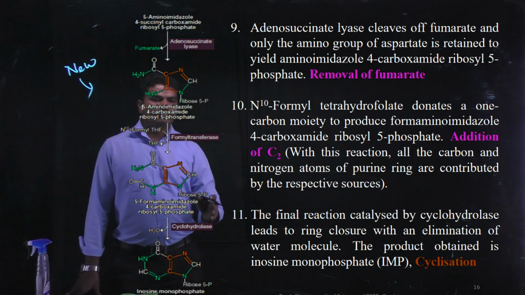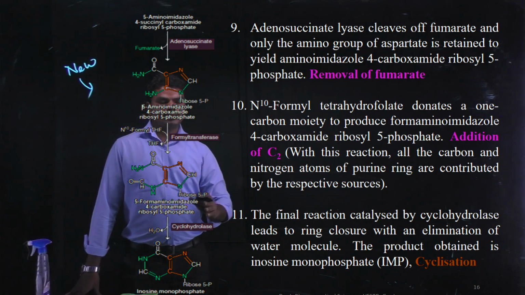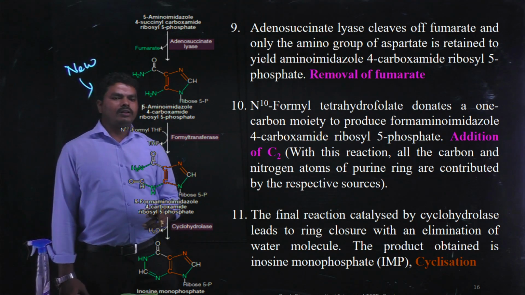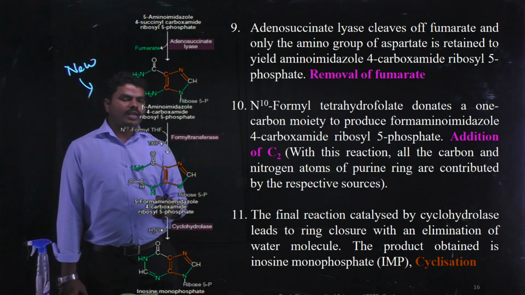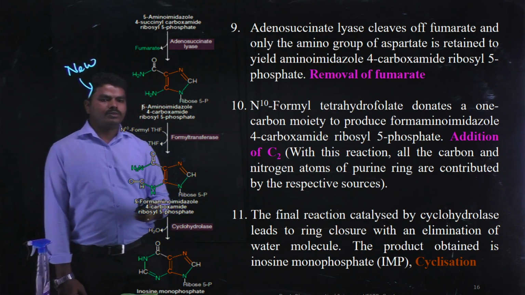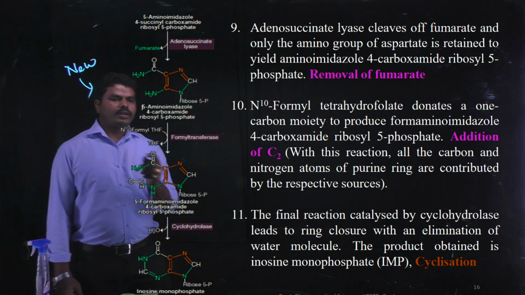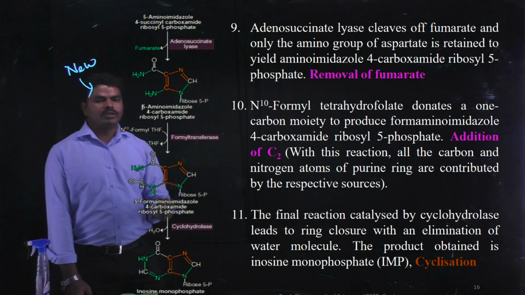The final reaction is catalyzed by the cyclohydrolase enzyme, which catalyzes the cyclization reaction. Thereby the ring is closed and forms inosine monophosphate.